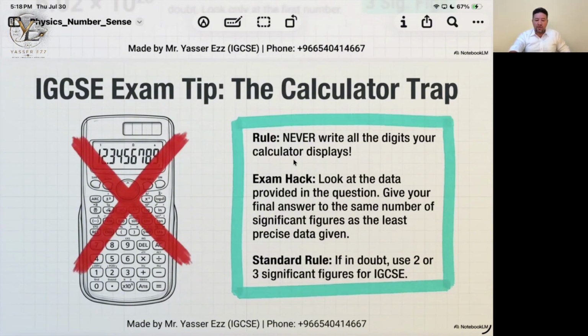So if it is 2 and 3, we are going to consider it 2. If you get confused and you don't know how to decide, work within 2 or 3 significant figures. Most of the questions in the IGs are like this, within 2 or 3 significant figures.